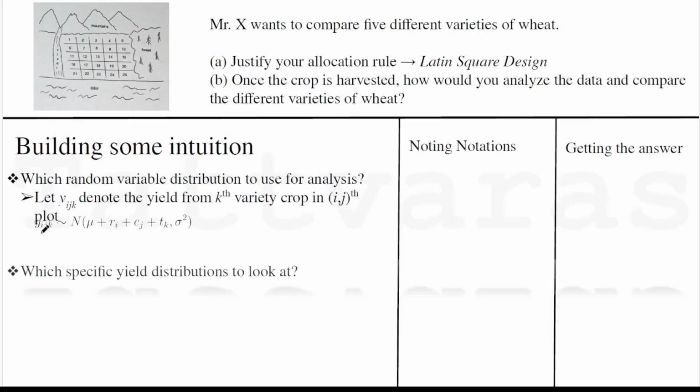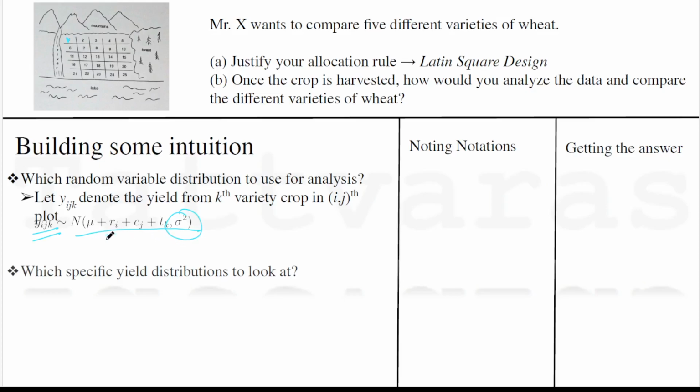So if y subscript ijk is denoting the yield in the ijth grid point with the kth crop in it, then we would have it follow a normal distribution. Notice that this sigma square being the same for all means there is homogeneity in variance.